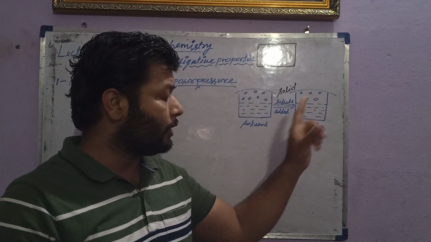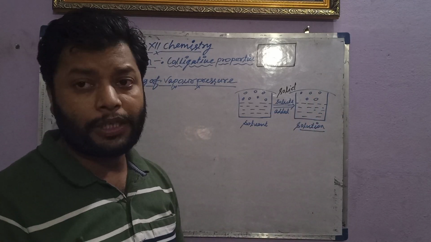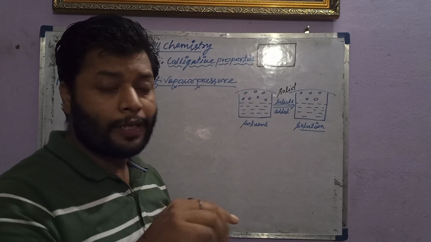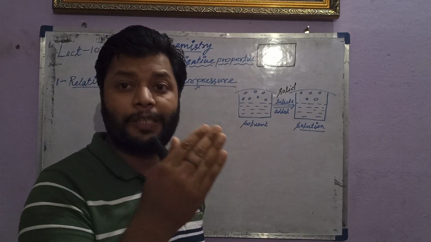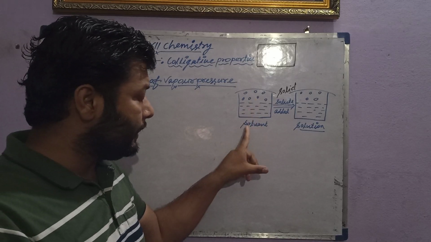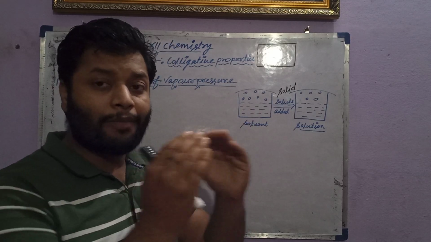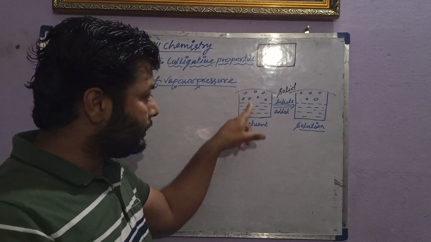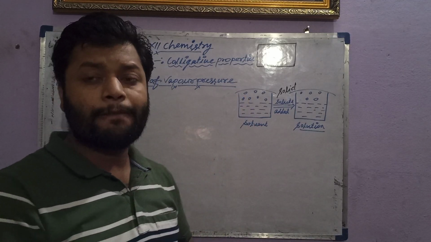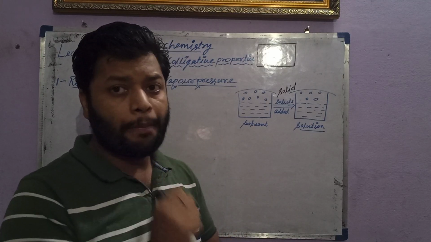So whatever vapors you can see over the solution are only the vapors of the solvent, because the solute is not participating in evaporation. Students, you can see here there is only a pure solvent present, only one type of component. So this liquid easily evaporates, and whatever vapor pressure is maintained over the liquid is only because of the pure solvent.